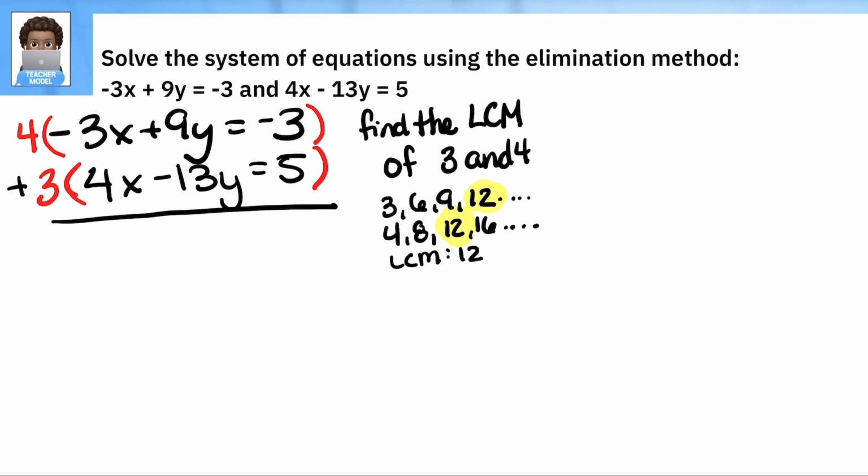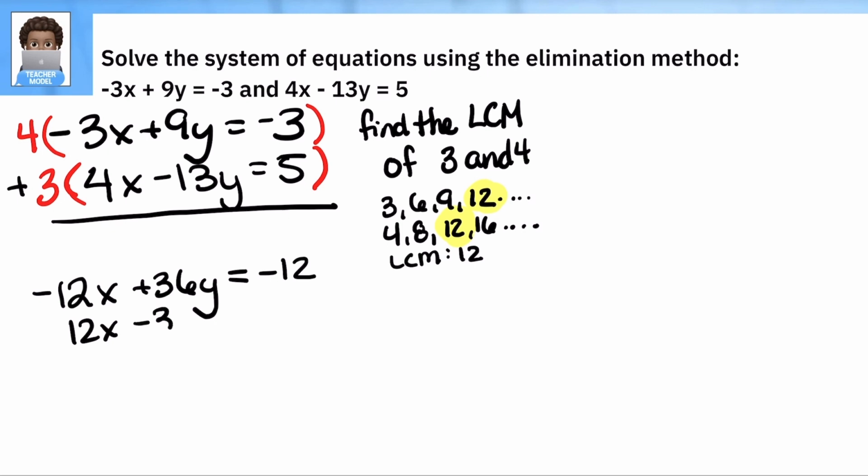So let's distribute, and I'll start with the top one. 4 times negative 3 is negative 12x plus 36y is equal to negative 12. And the second one is 12x minus 39y is equal to 15.